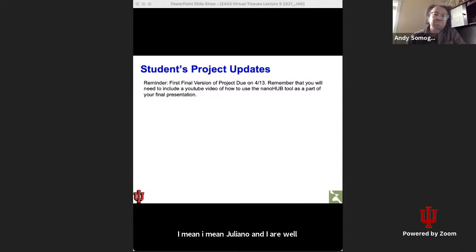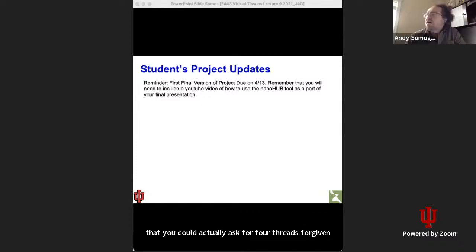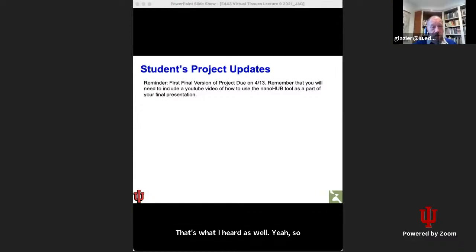Thank you. I actually had a question that I heard in the conversation yesterday: did they say that you could actually ask for 4 threads for a given application? That's what I heard as well. So Josh, why don't we try multi-threading one of our demos today and see if it actually speeds it up?